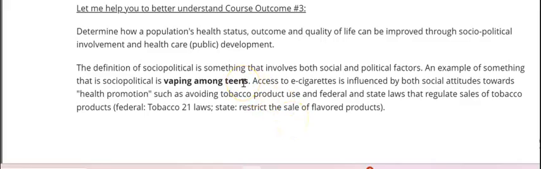Another thing, something socio-political for health promotion, might be nutrition. I know one group has looked at ultra-processed foods. So social might be the socioeconomic status of a family, right?